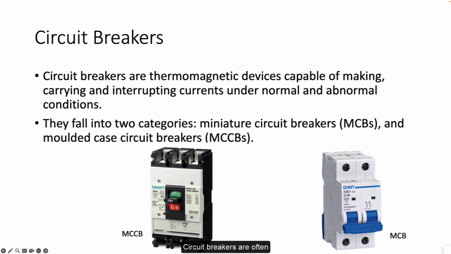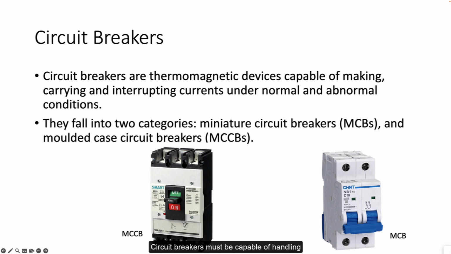Circuit breakers are often described as thermomagnetic devices. This means they use a combination of thermal and magnetic mechanisms to detect and respond to abnormal current conditions. The thermal component senses overheating caused by prolonged high currents, while the magnetic component responds to sudden and high magnitude short circuit currents.